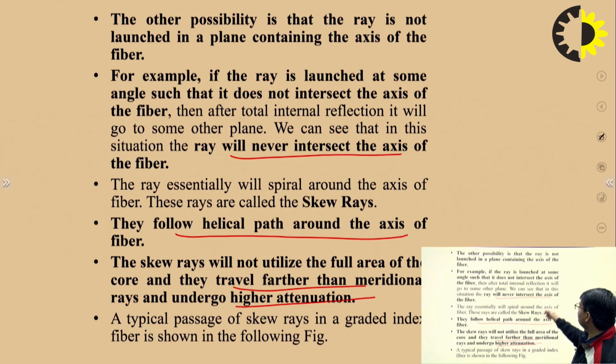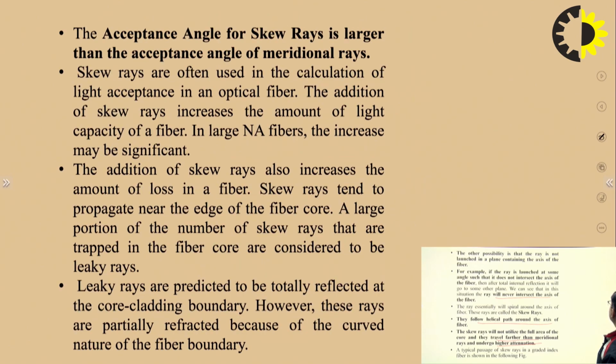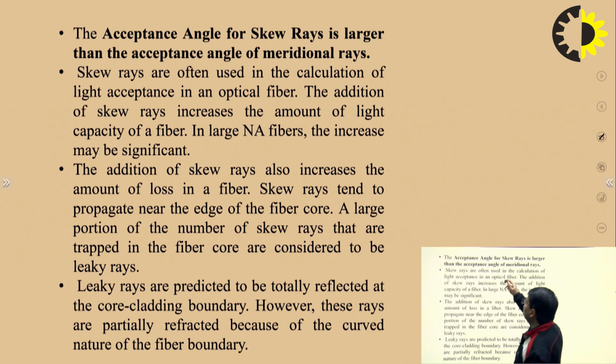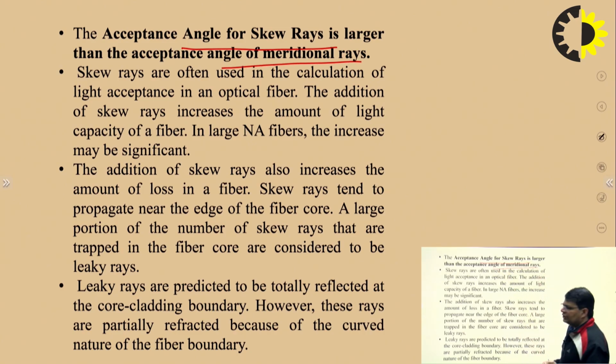So these are some basic observations or characteristics of the skew ray. One more point that we will also see with the help of a numerical: the acceptance angle for the skew ray is greater than the acceptance angle for the meridional ray.